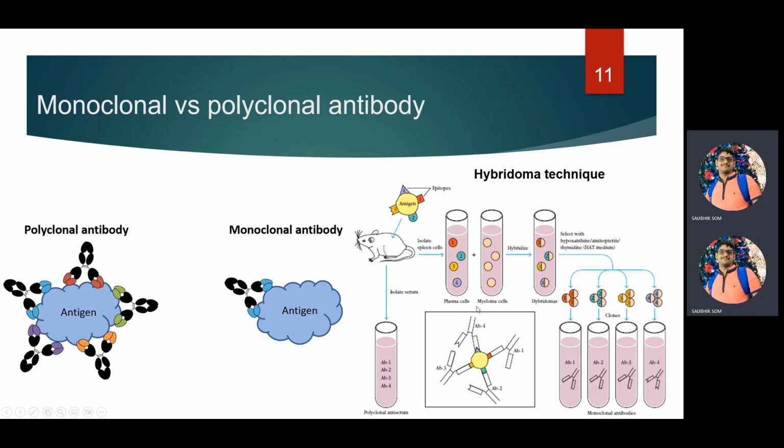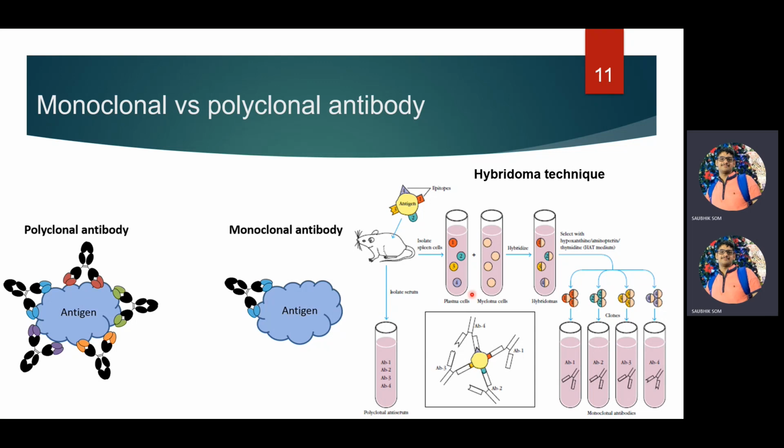In hybridoma, the idea is that myeloma cells, or cancer cells, can be fused with these B cells. These myeloma cells have the potency to divide indefinitely, correct?